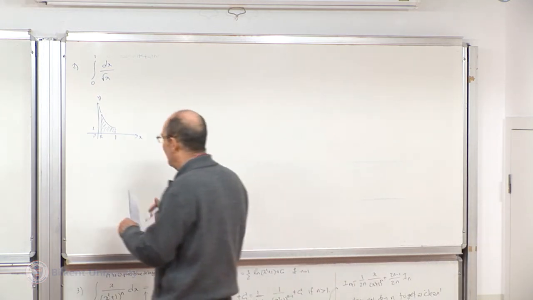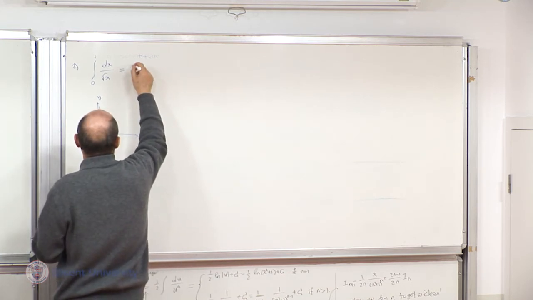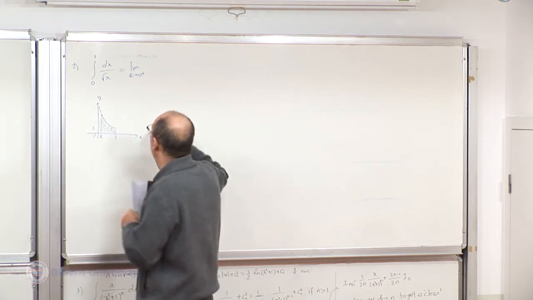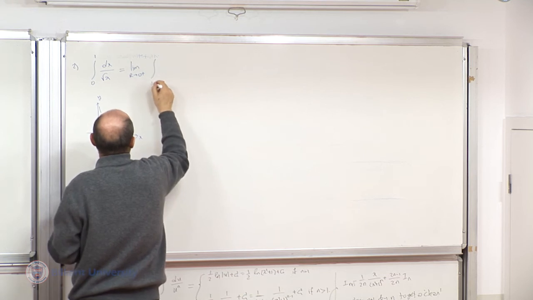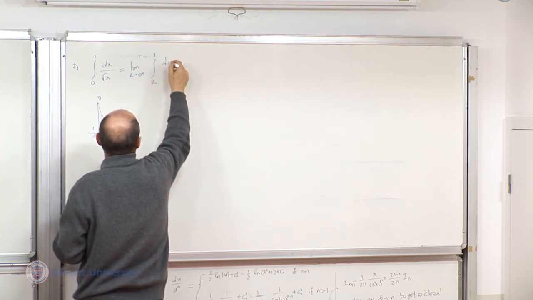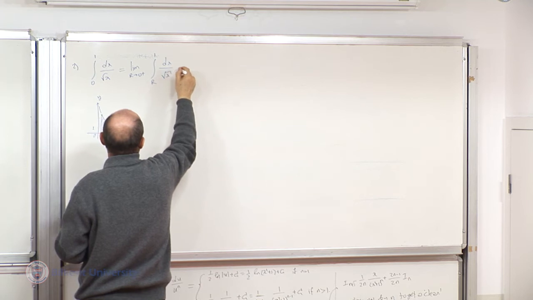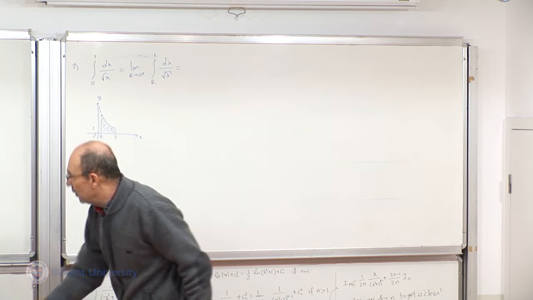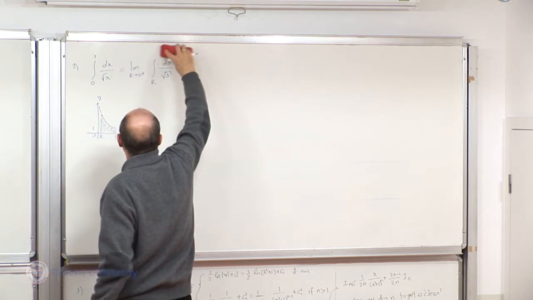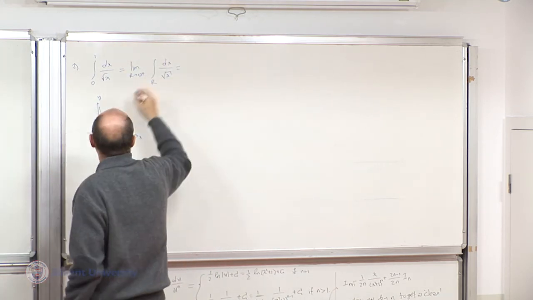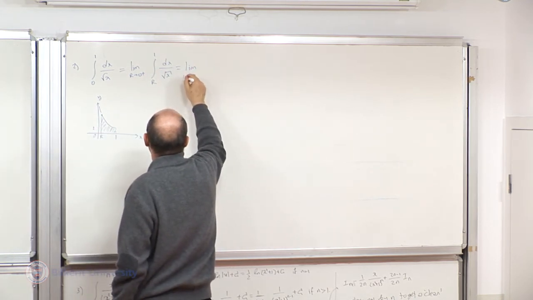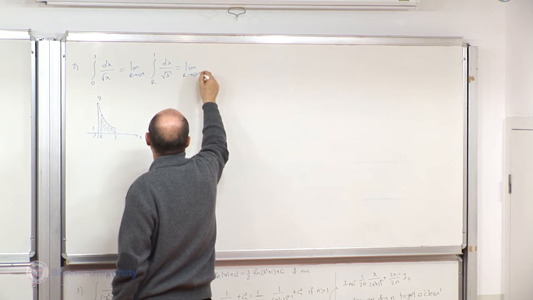So let's do this. The definition of this is the limit as r goes to 0 from above, so r is larger than 0, of the integral from r to 1 dx over square root of x. Now I can handle this case. So I'm carrying the limit operation, r to 0 from above.